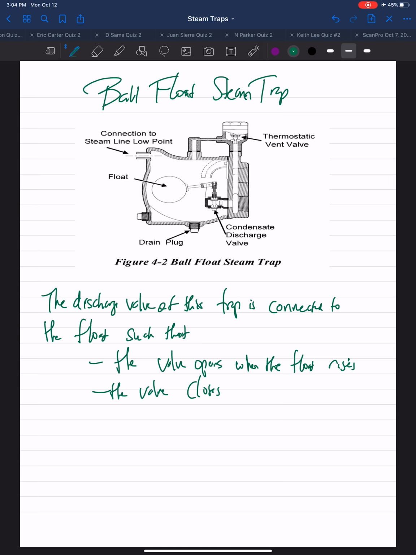The valve closes when the float lowers. So this is the float right here.